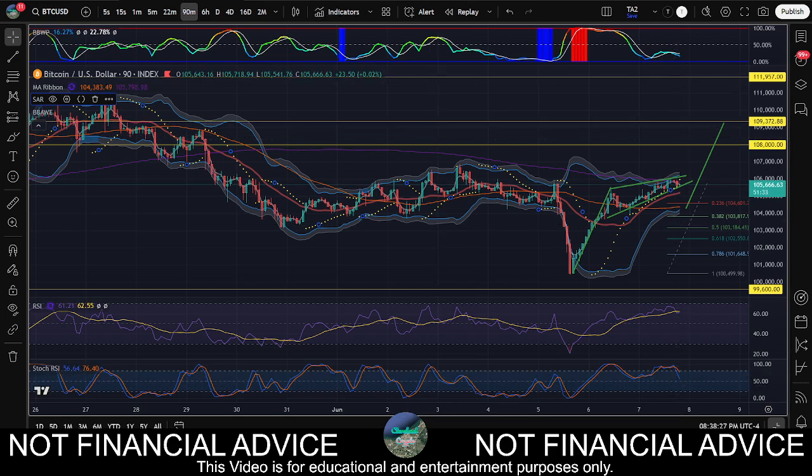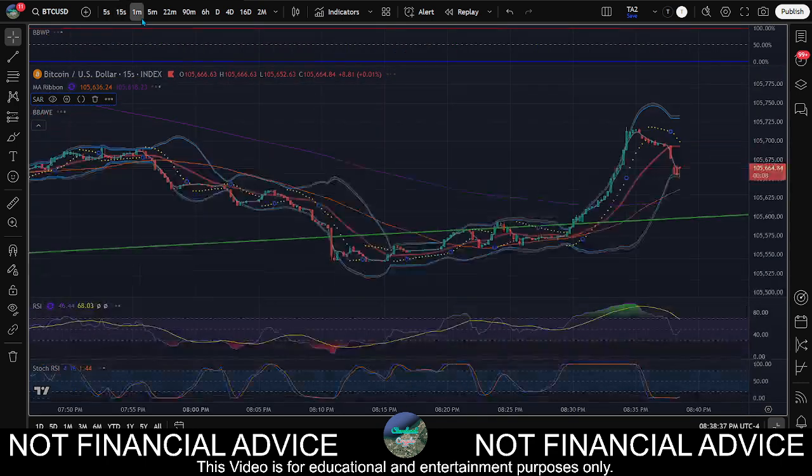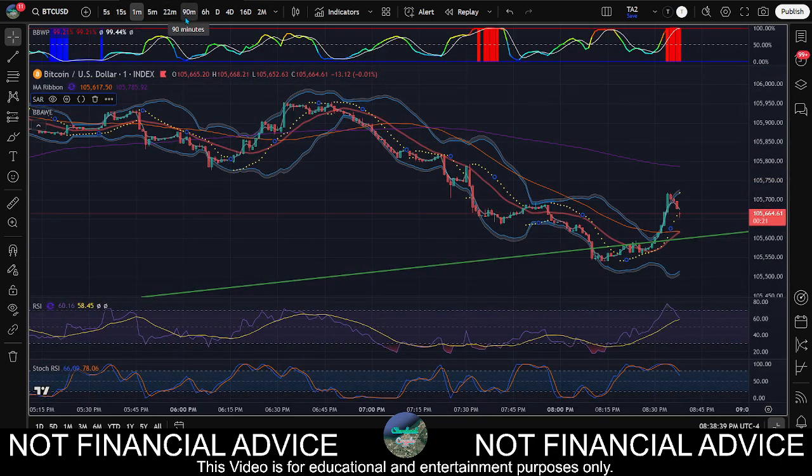So that's indicating to us that there could be some possible downside. However, it can turn around, and hopefully it does from here. Hopefully that 1 minute breaks so we can see that turnaround on the 90 minute. But look, it's coming down like I just said. Where's that bottom going to be? Let's hope it bounces at the 50, this orange line, and the 21. They're correlating right now.